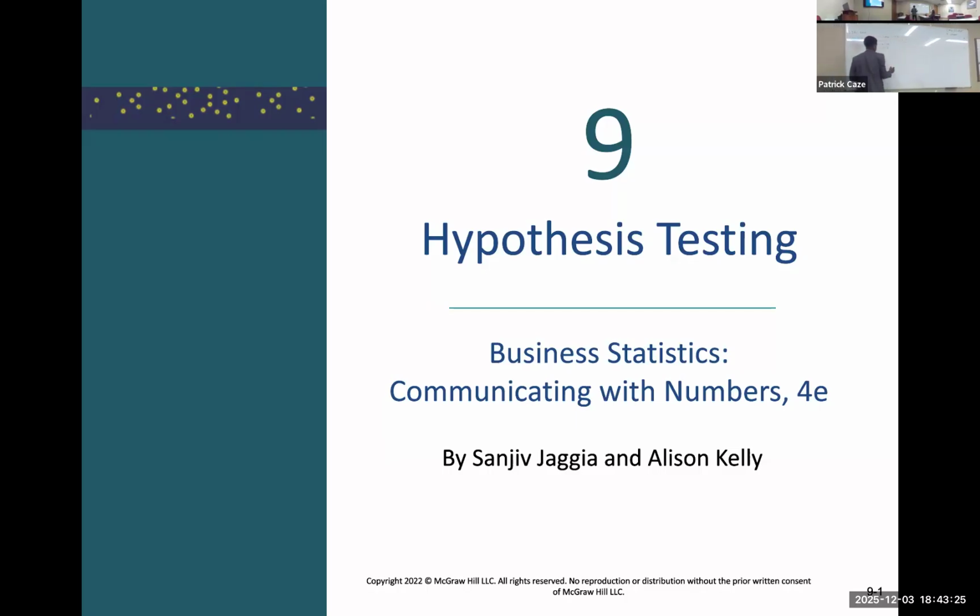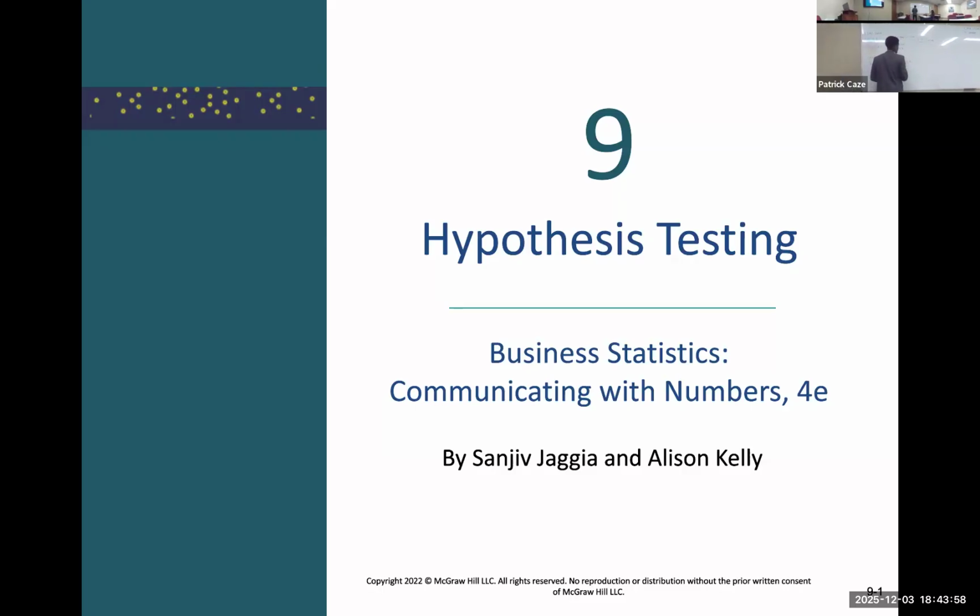So this would be my null mean, with the zero. When you see the zero, that just means the null. The null is the status quo, the established, accepted value. So if I write my null hypothesis, I'm saying that average study time is equal to 12.